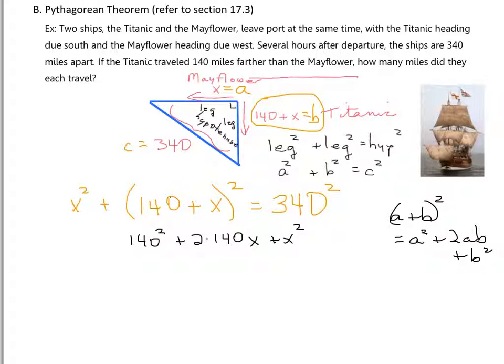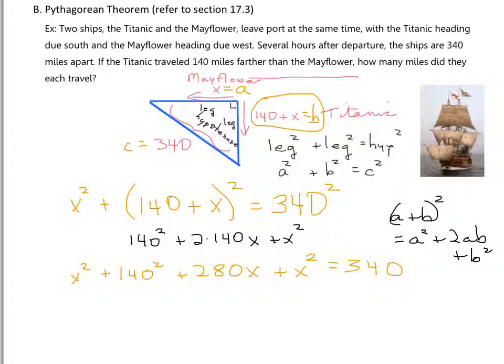So we have x squared plus 140 squared plus 280x plus x squared equals 340 squared.